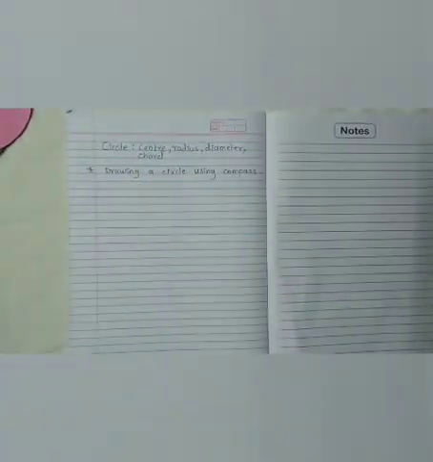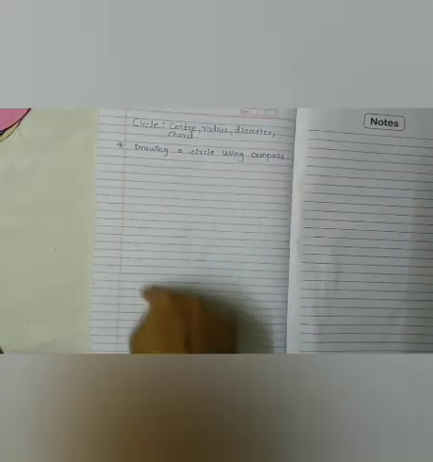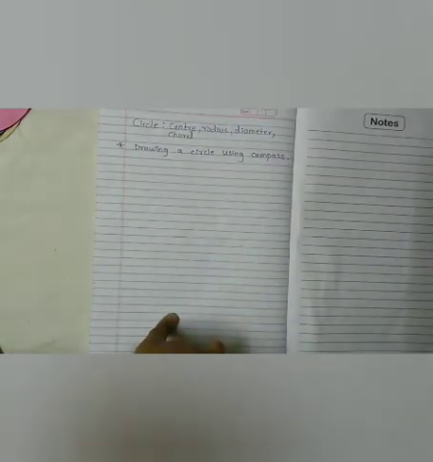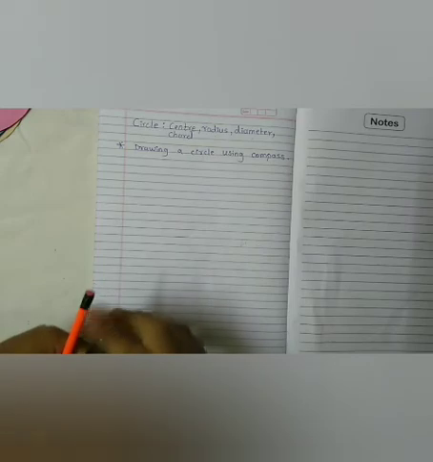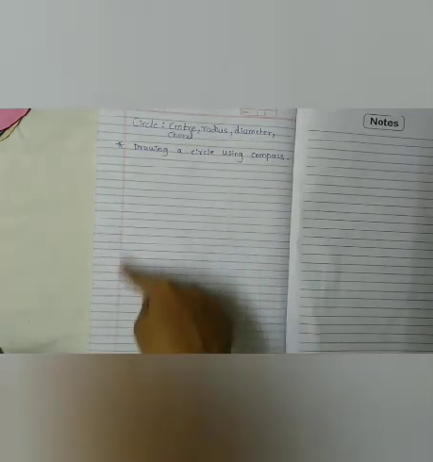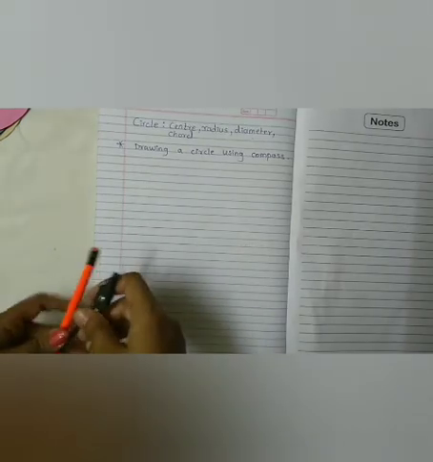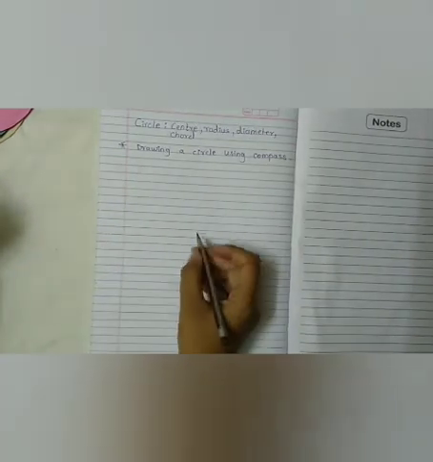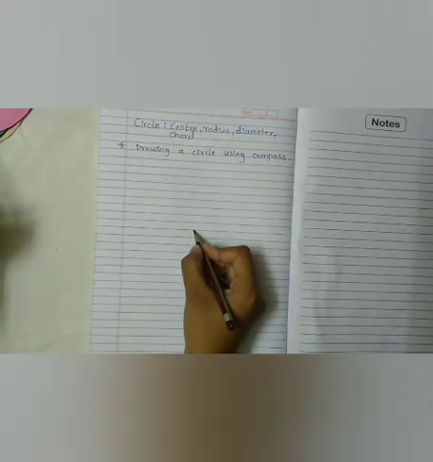Okay. Now children, on this page we are going to draw a circle. So children, first choose any point on your page. See here, I am choosing a point over here.